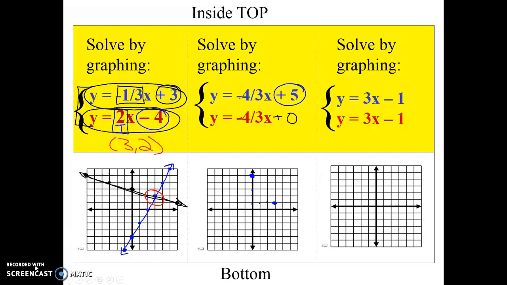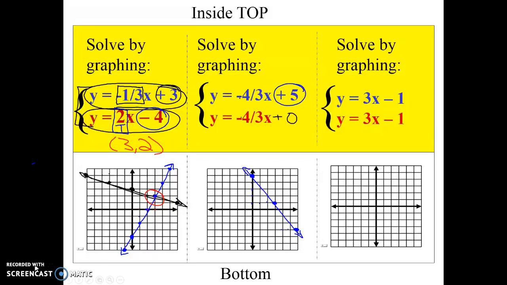So down 1, 2, 3, 4, and then to the right 1, 2, 3. Now, once we get to that point, we can go ahead and connect our points, draw our line, and then graph our second.